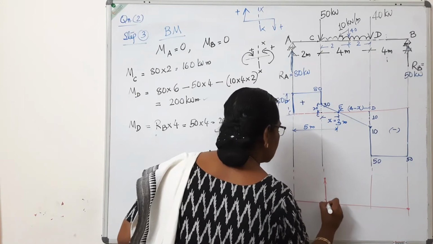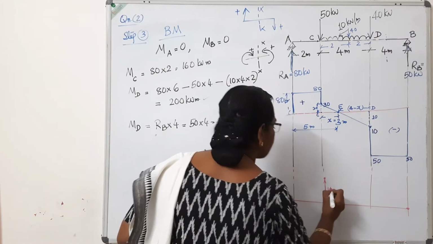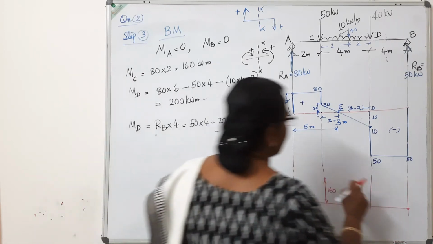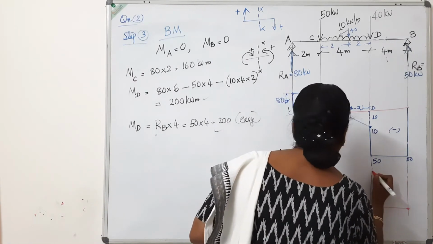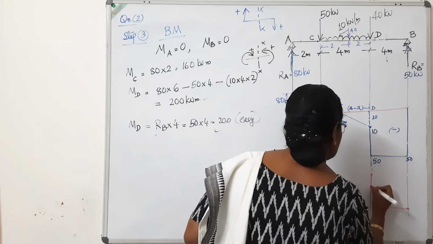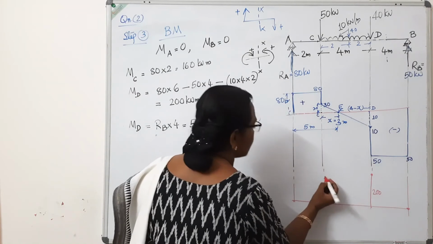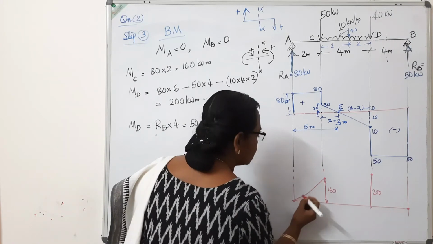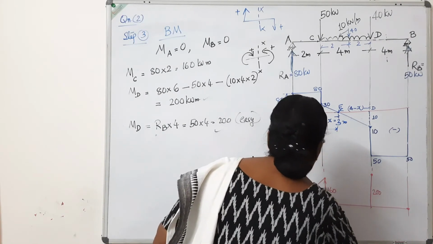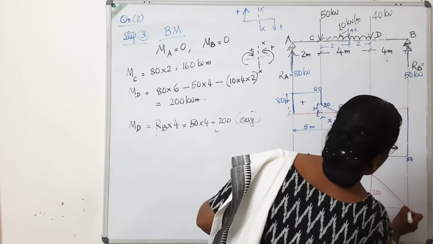MD is 200, from here you mark 200. This portion you can connect with a straight line. Here also you can connect it with a straight line.